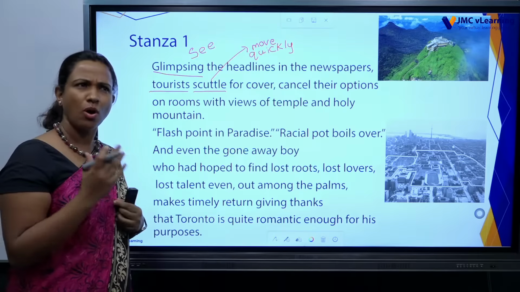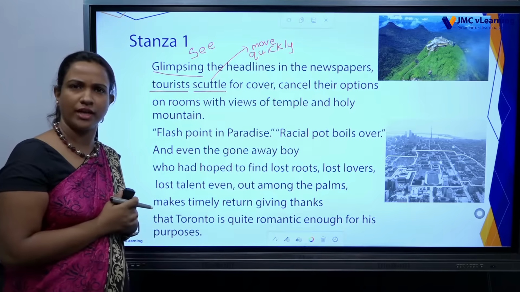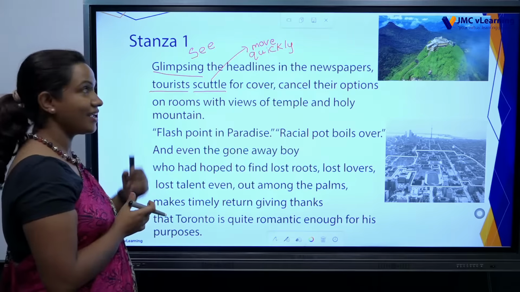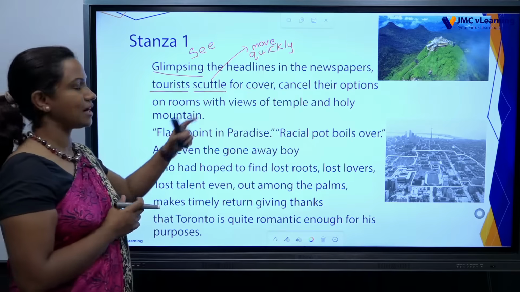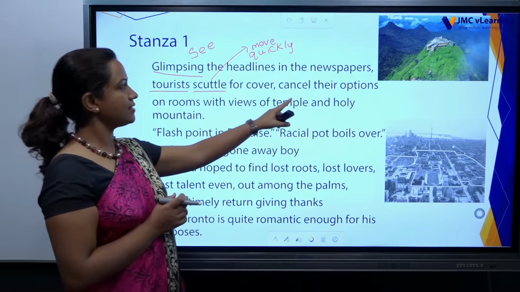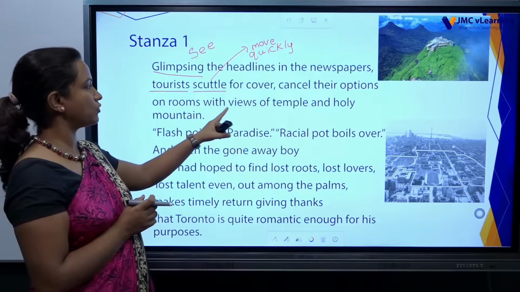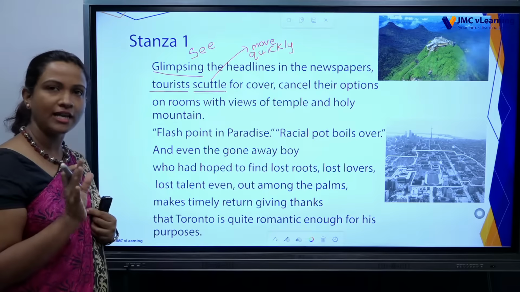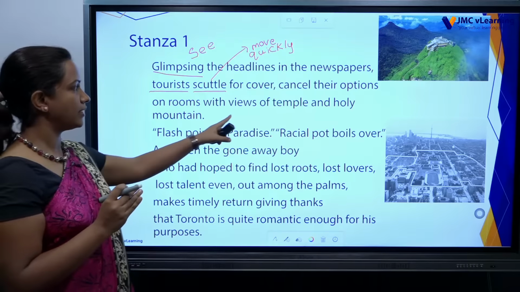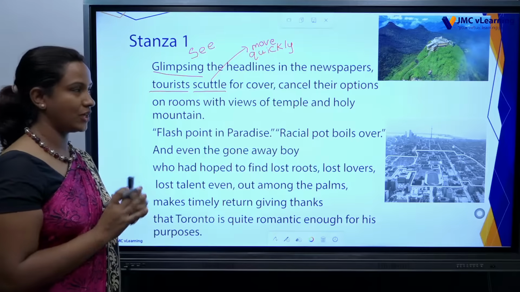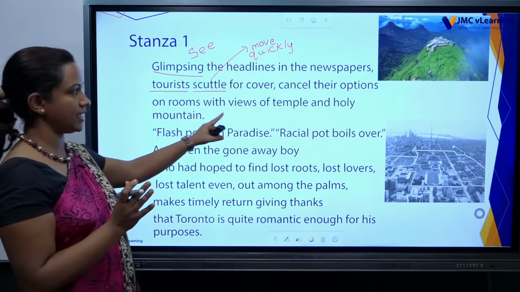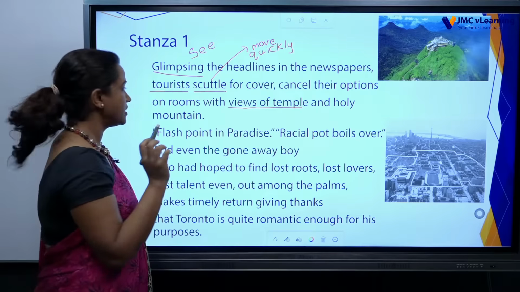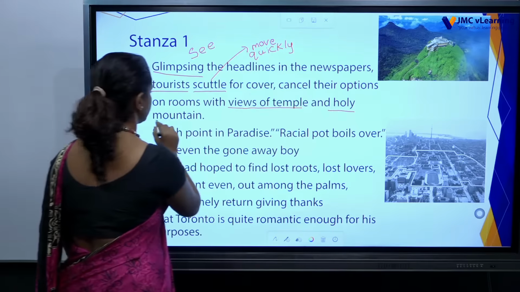Just like who are moving quickly for cover? There's an animal. There's a good example. The hare. They are like hares. Tourists scuttle for cover, cancel their options on rooms with views of temple. When they book hotel rooms, they would like to have a view on their temple. We are not sure what temple it is, but it says views on temple and holy mountain.